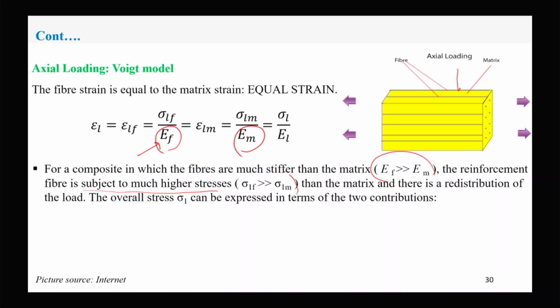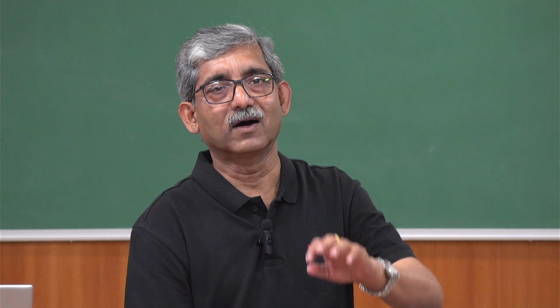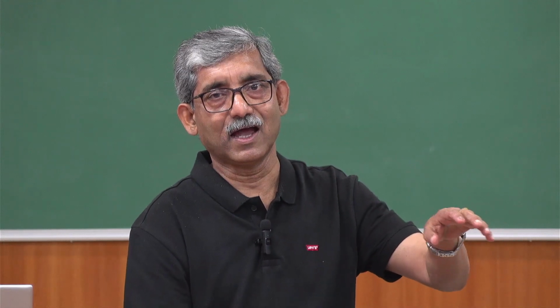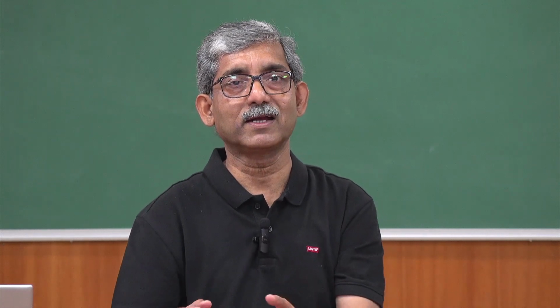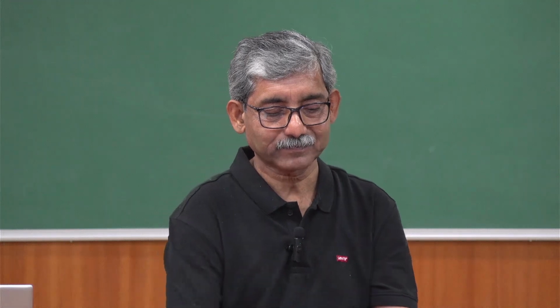So stress on fiber will be much higher than the matrix. There is a redistribution of load. Most of the load, when we stress the composite, will be on the fiber, that is the reinforcement part, and the matrix will be relatively relaxed.